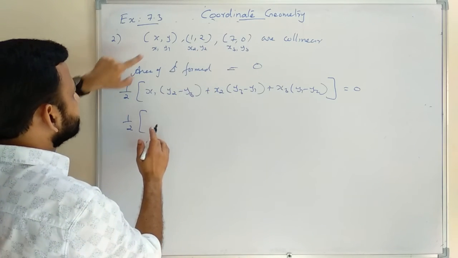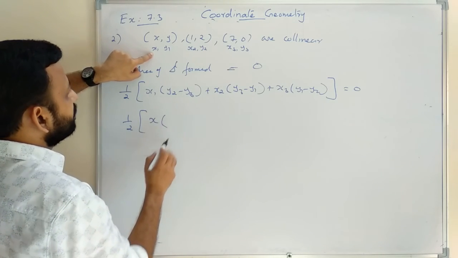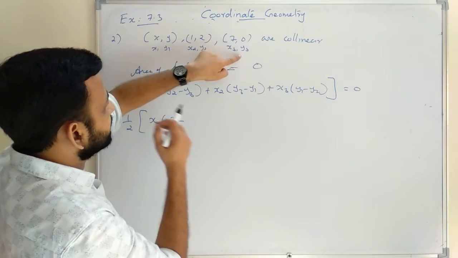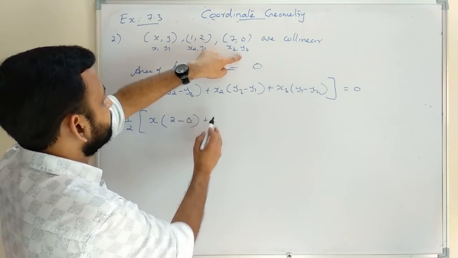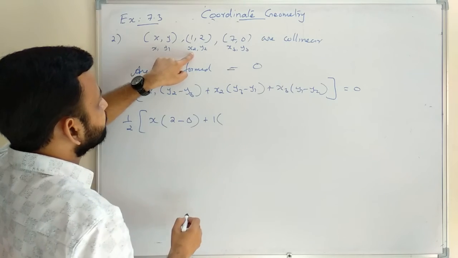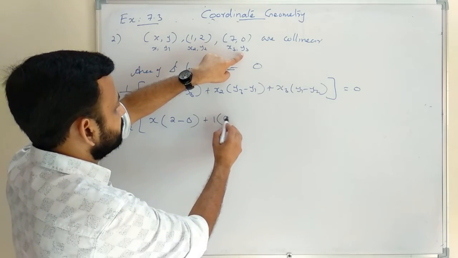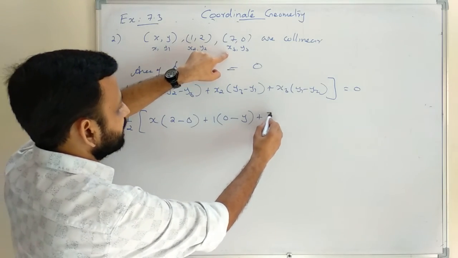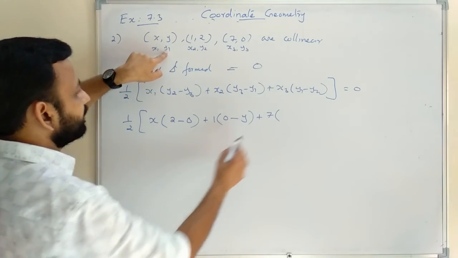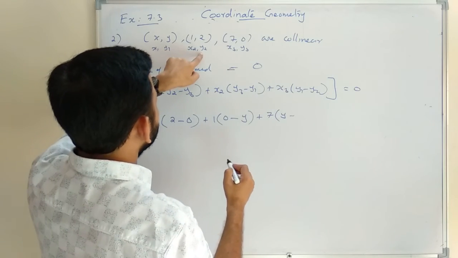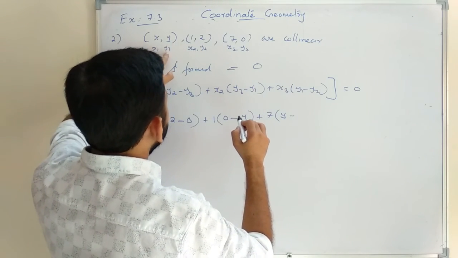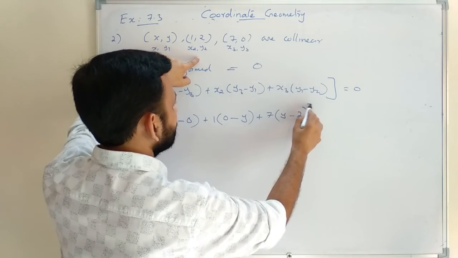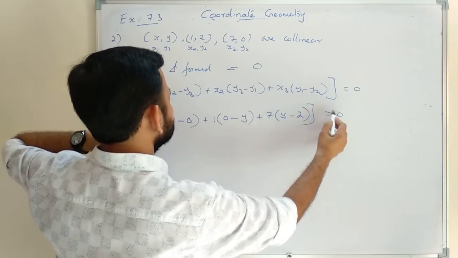So x1 is x, y2 minus y3, y2 is 2 minus y3, that is 0, plus x2, that is 1, then y3 0 minus y1 y, plus x3 7, then y1 y minus y2 equal to 0.